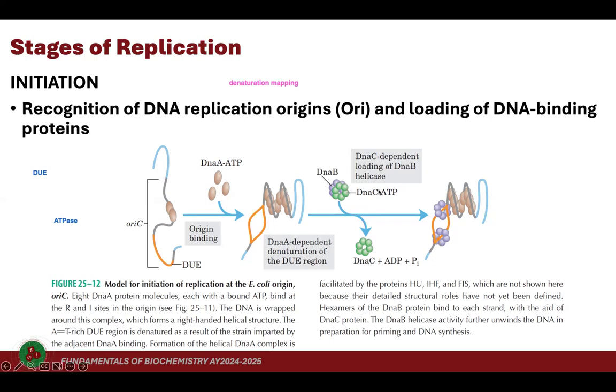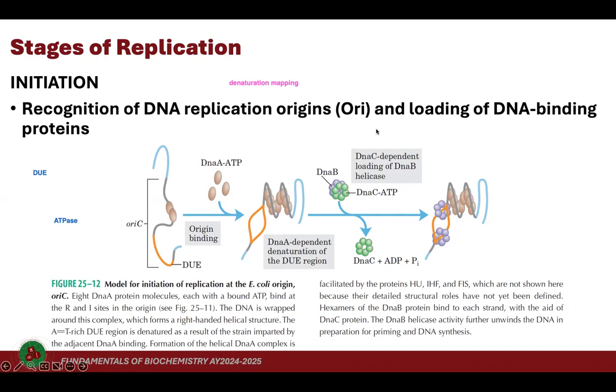Okay, so there should be 2 DNA C. One DNA C is attached to one DNA B. So since you have 2 replication forks, 2 of these complexes will enter the picture. Okay, and then the DNA C, again using the energy from ATP, will load the DNA B or the helicases at each replication fork.